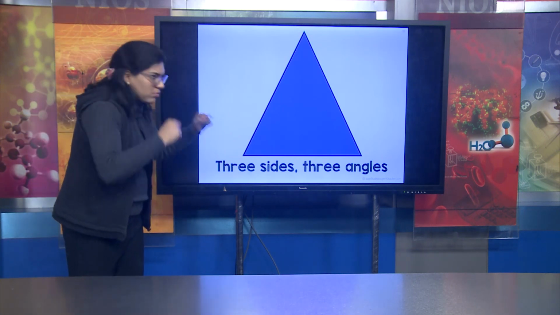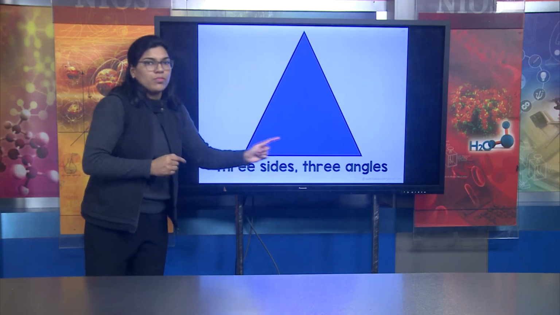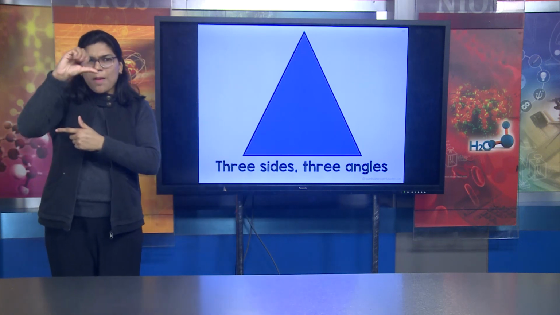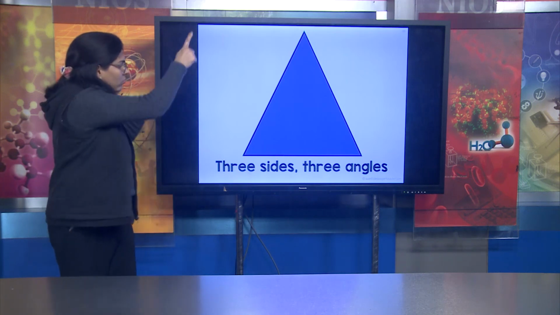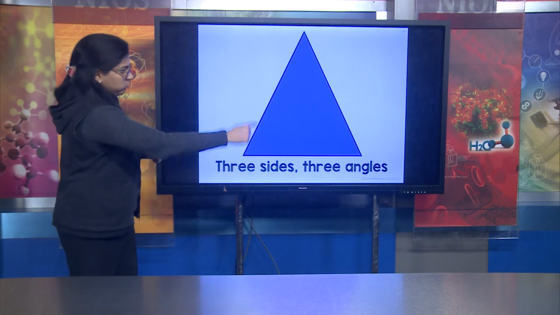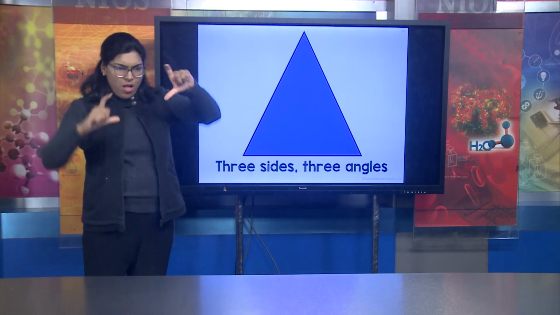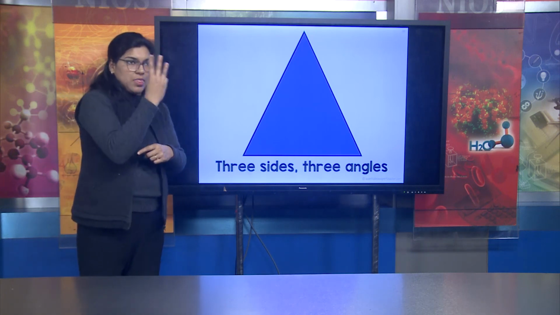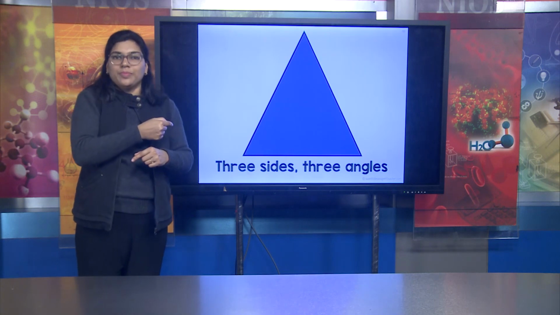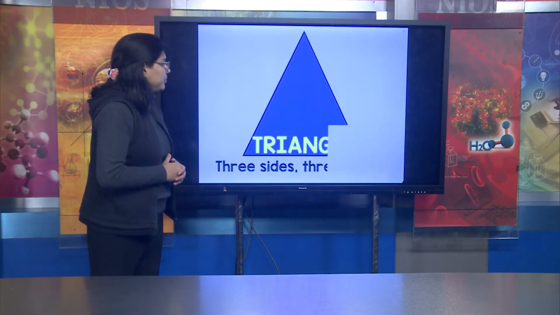See, this is one angle, and this is the second angle, and the third angle. In this triangle, there is one upper angle and below there are two angles. So we call this image a triangle with three sides and three angles. Let us move further.